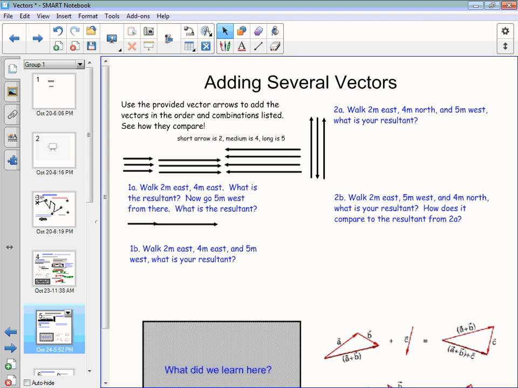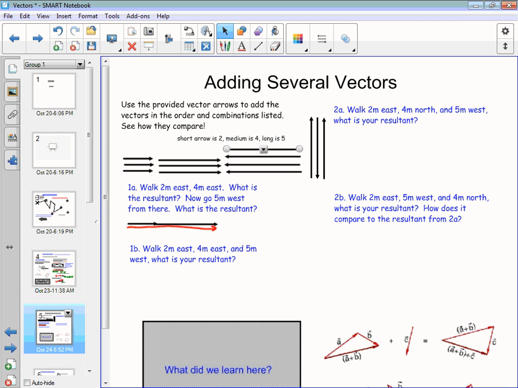Okay. So drawing the resultant. Go ahead and we'll use red for the resultant. Just go from the tail of the first to the tip of the last. So what is that resultant going to be, by the way? 6 meters east. Right. Okay. 6 meters east.